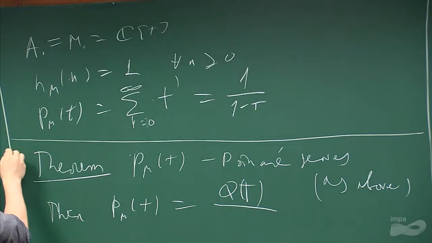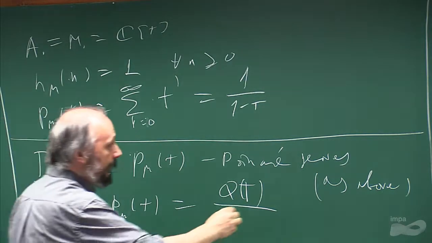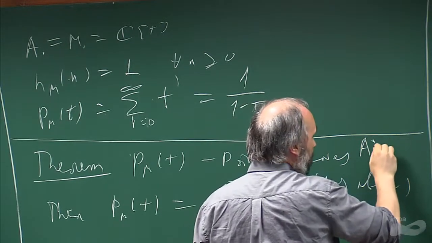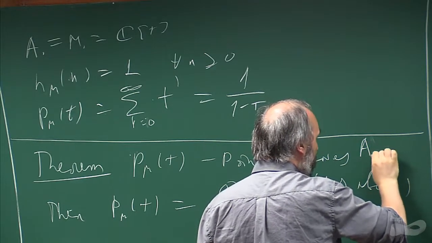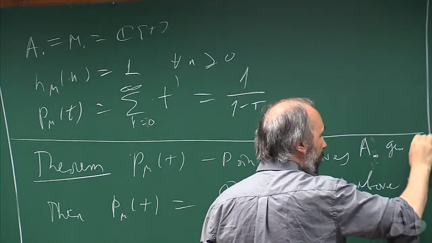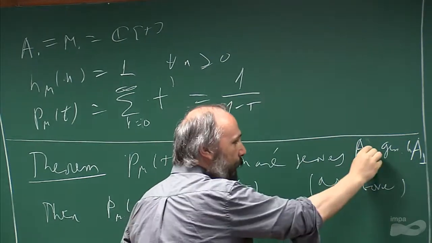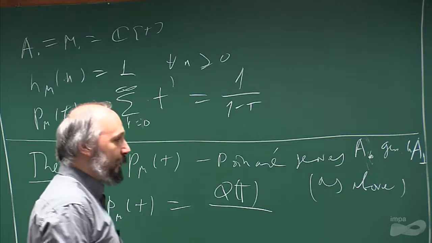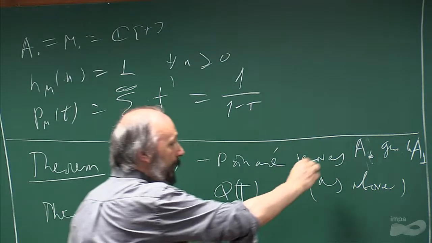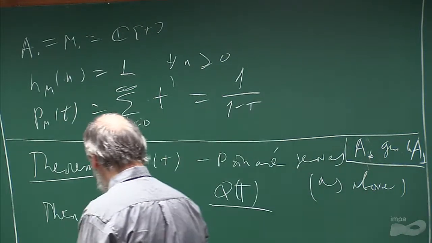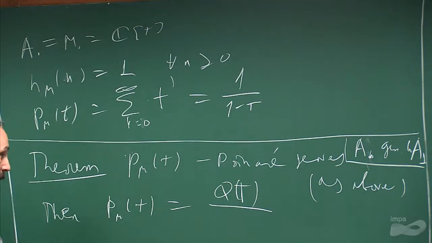Another assumption which I have to make here is that A star is generated by A_1. There is a version of this theorem without this assumption, which I'm not going to state or prove.